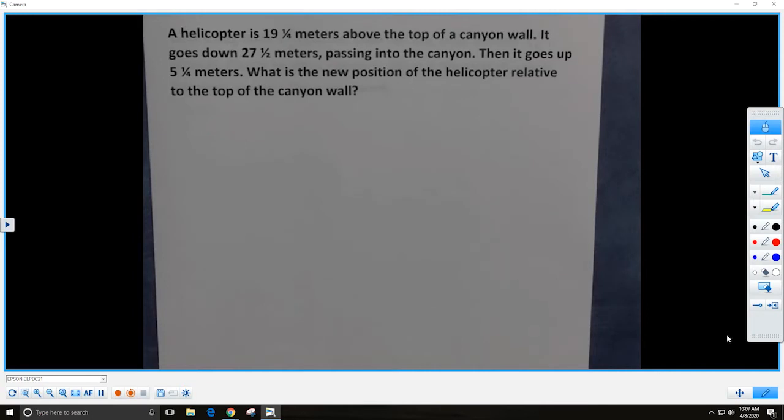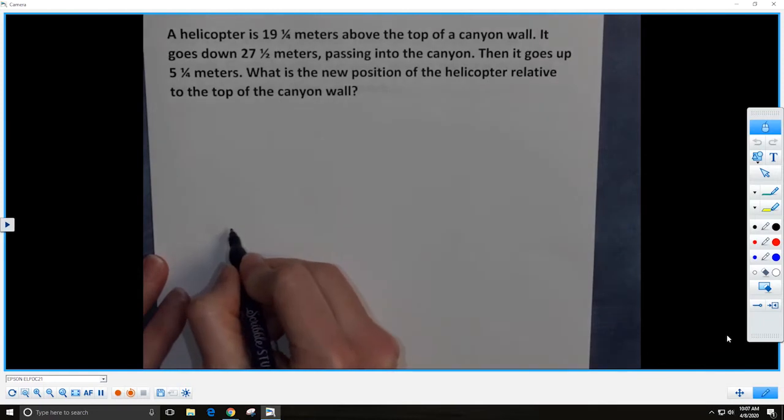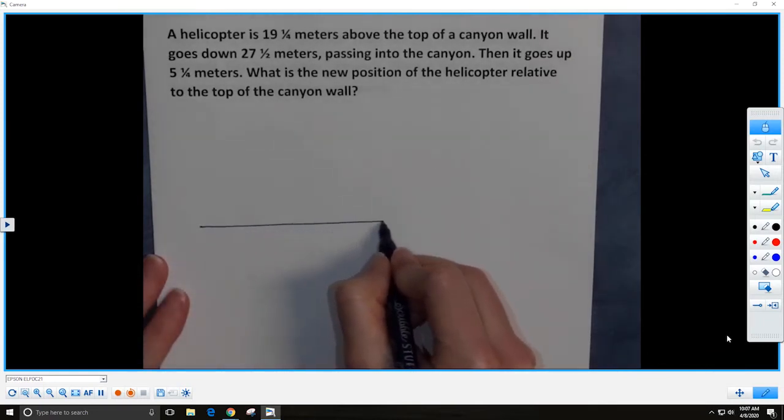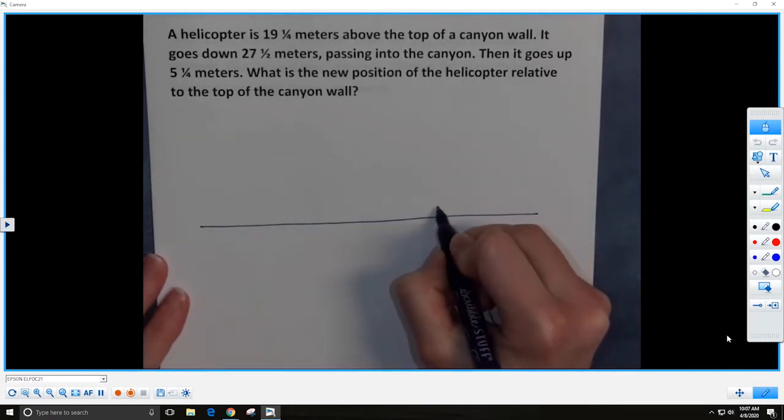Okay, so what strategies have we learned this week that might help us solve this problem? You are correct. We can draw a diagram or we could draw a number line. Both of those are great ideas. Let's draw a diagram and see if that helps us with our expression. We're going to start out with the top of the canyon wall.